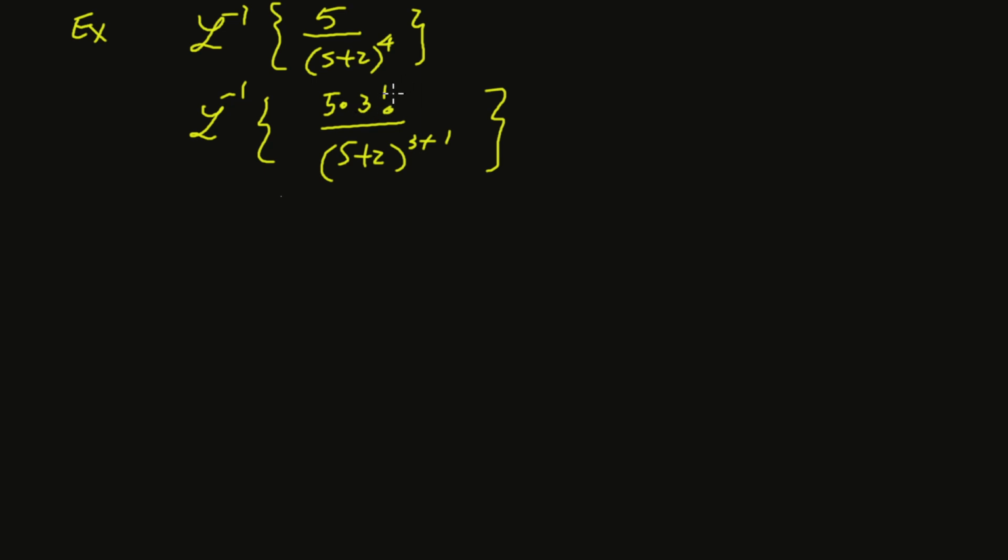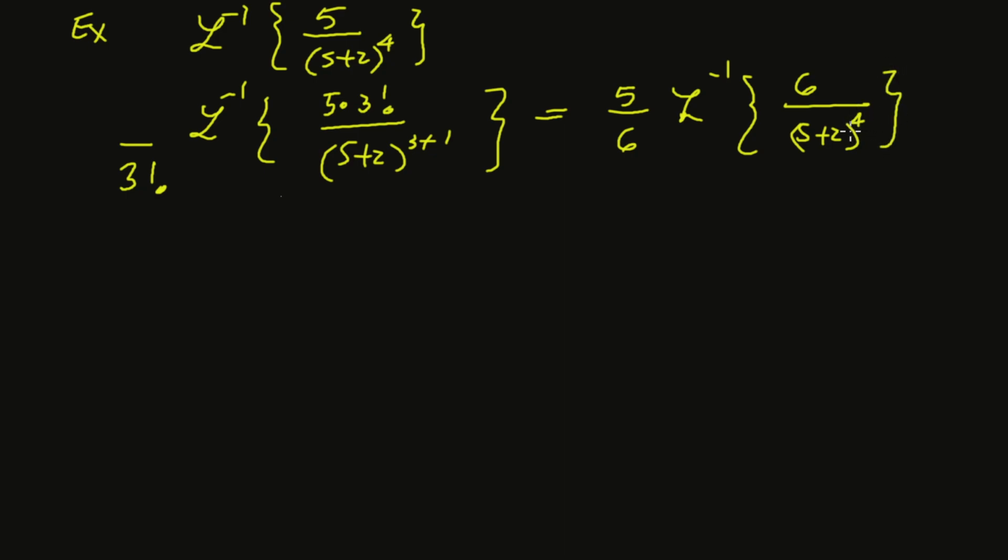So I just put it there like you did in integration, and you need to divide by it, so you get rid of it. Now a 5 can come outside, and you have 3 plus 1 there.